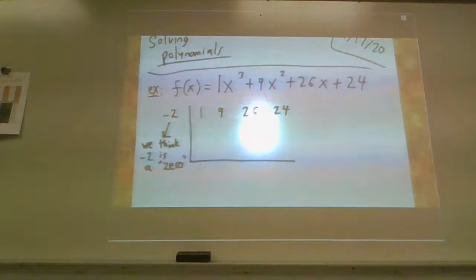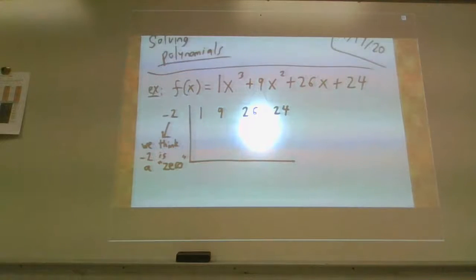Whatever number we think is the 0 is the number that we are going to put on the outside of that bar. Once we run through this synthetic bar, we will end up knowing whether or not we were correct. Right now, no idea, but we will in a few minutes.